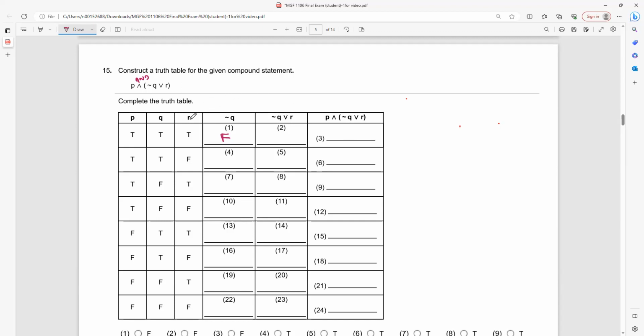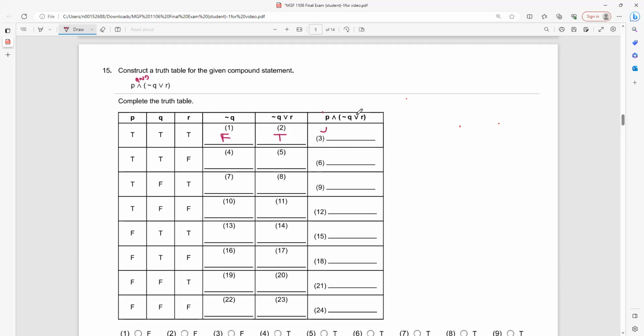So it could be either or, either not Q or R. And since R is true, we would place true here. So now in the last column of this row, we see P and this compound statement here of not Q or R, and both of these have to be true. Is P true? Yes.